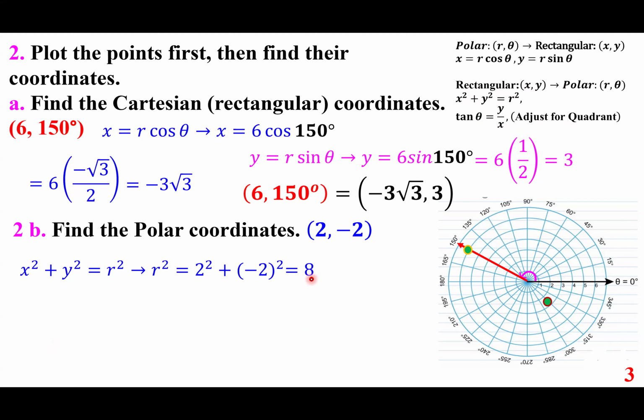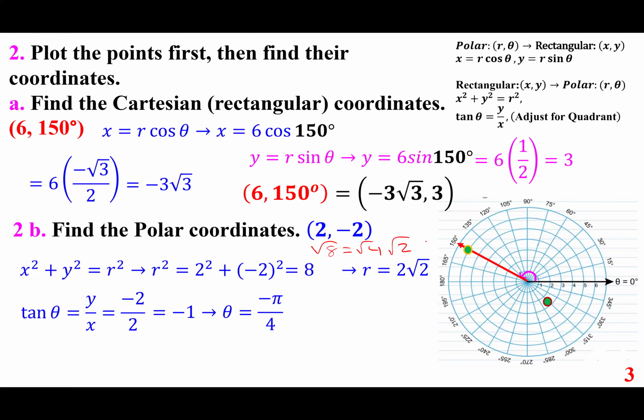Square root of 8 is 2 square root of 2, because 8 is 4 times 2. What about the angle? Y over x, which makes it minus 2 over 2, which makes it minus 1, and theta is minus pi over 4.